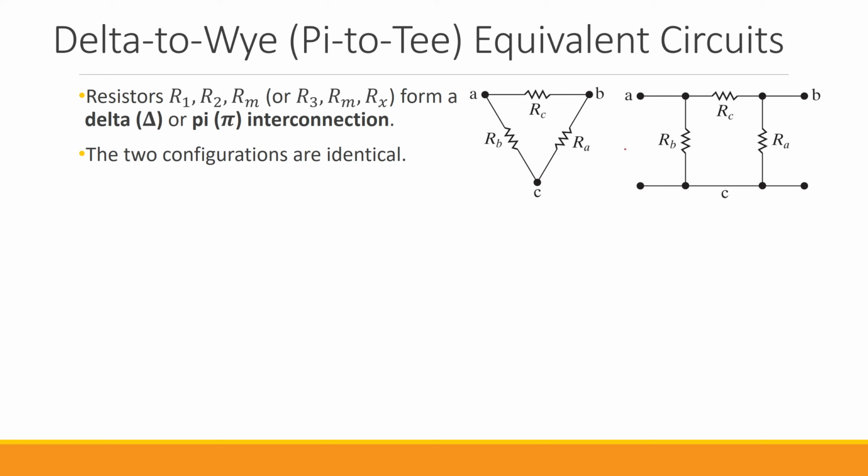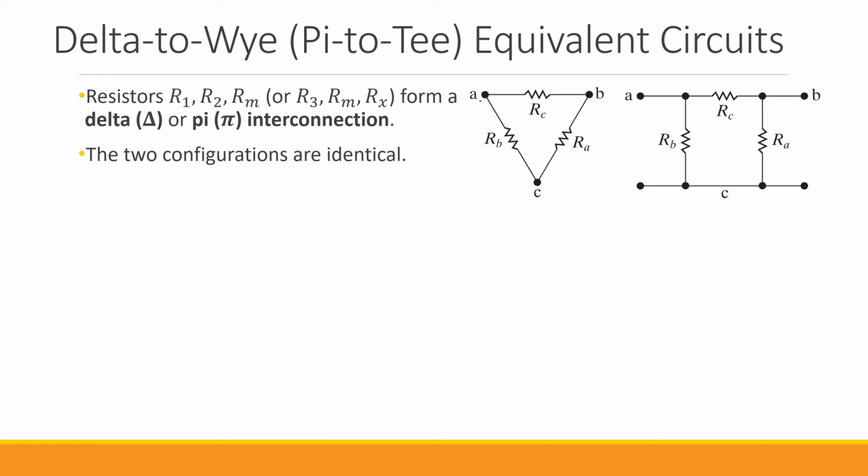So if you look closely, you see that these two circuits are practically the same. Even though this one is shaped like a triangle and this one is shaped like a square, they are practically the same thing.